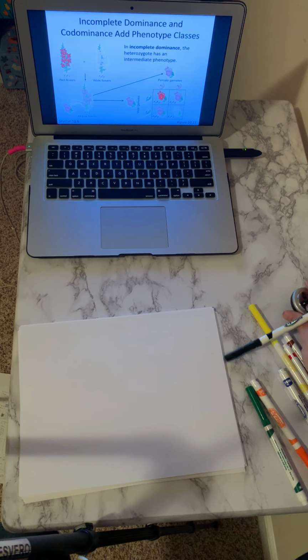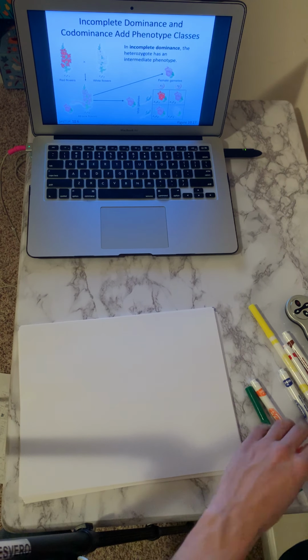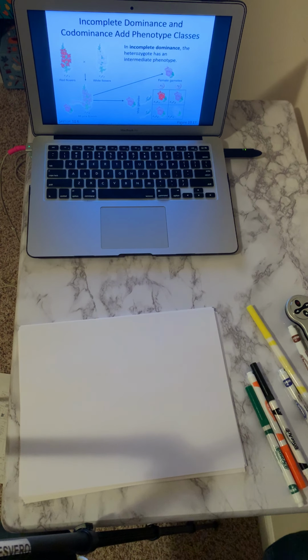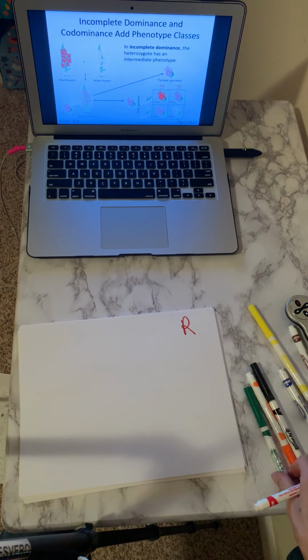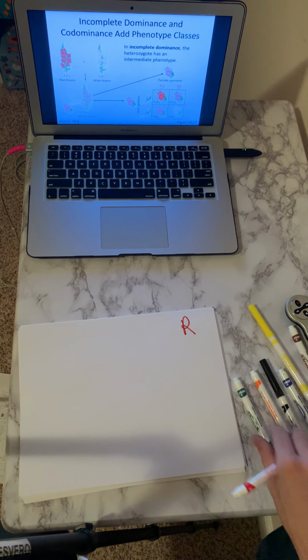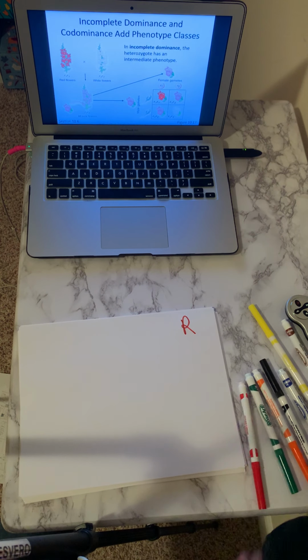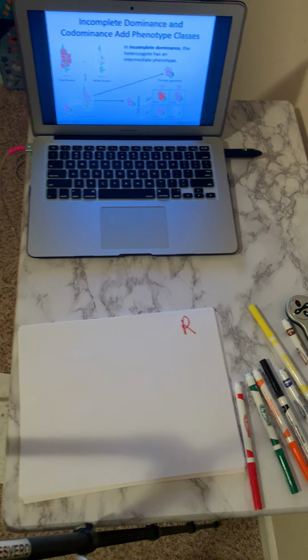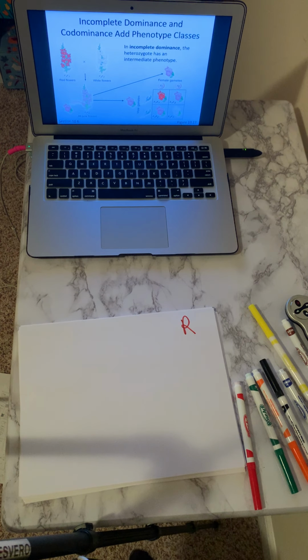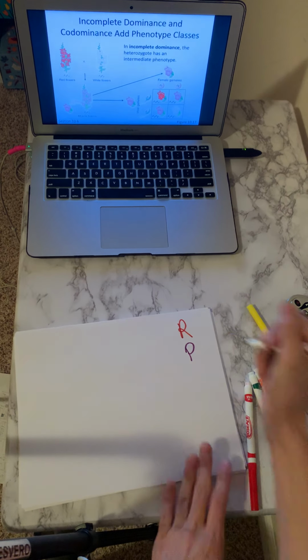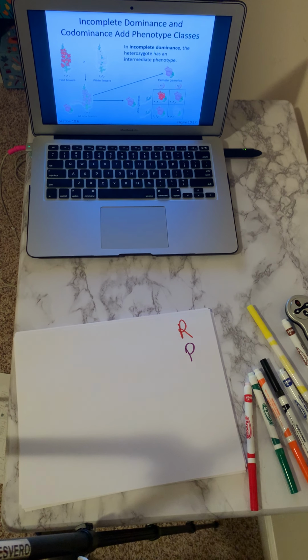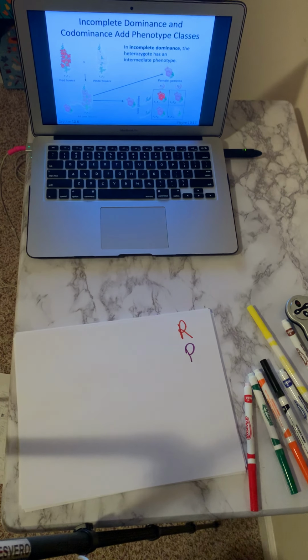In incomplete dominance, let's just stick with our bird example here, a bird that has red feathers and a bird that has, let's not go with green this time, let's say purple. Now in this case, purple is also a dominant gene. Different genes. So if a bird with purple feathers bred with a bird with green feathers, that bird would have purple. It would still overpower the green, since green is still recessive. I just added in an extra gene this time, purple.